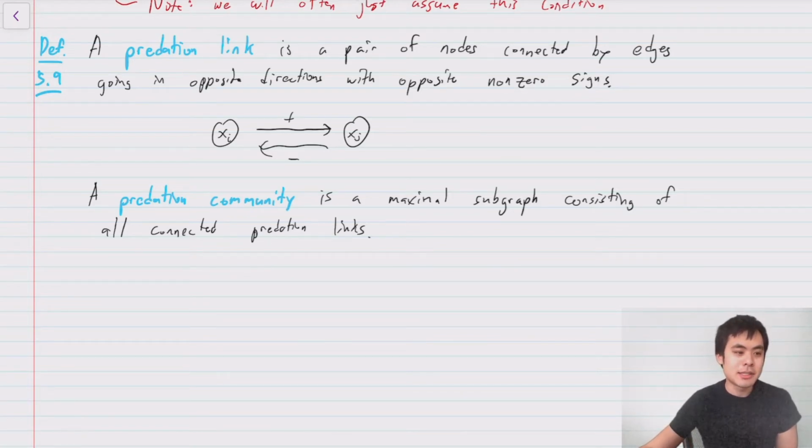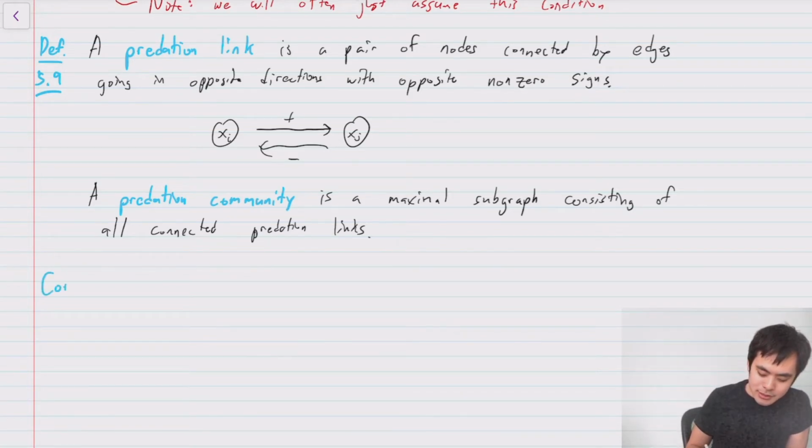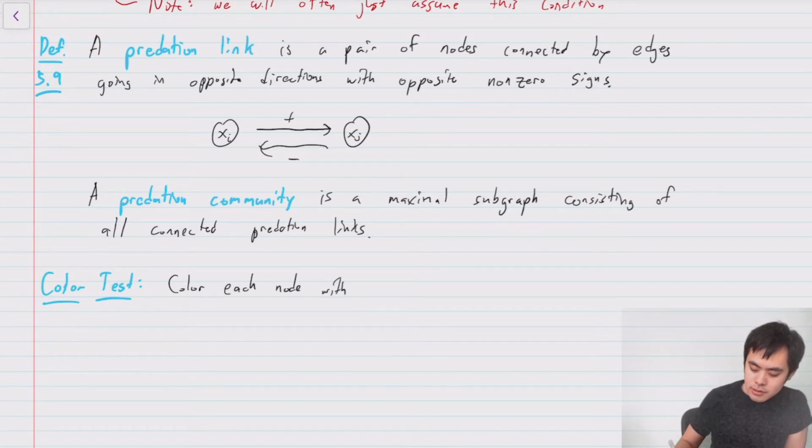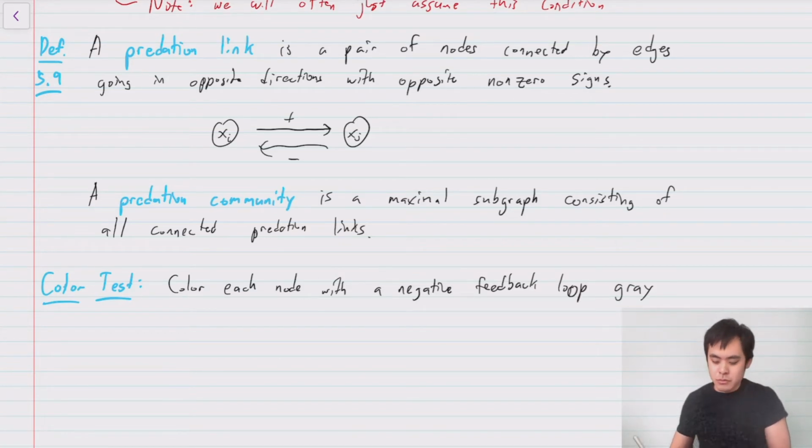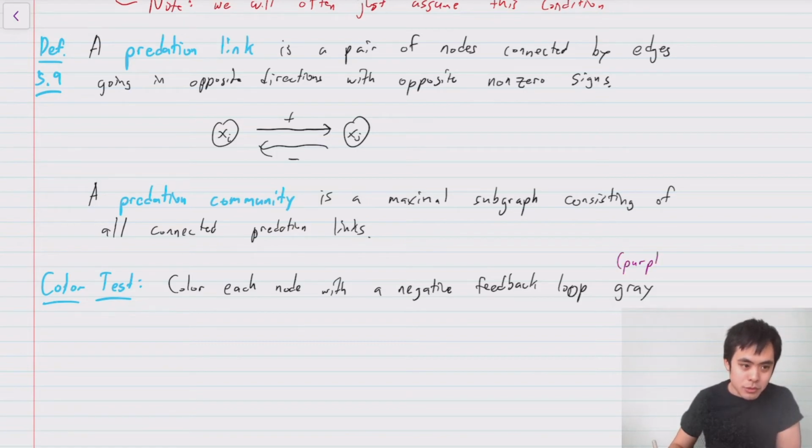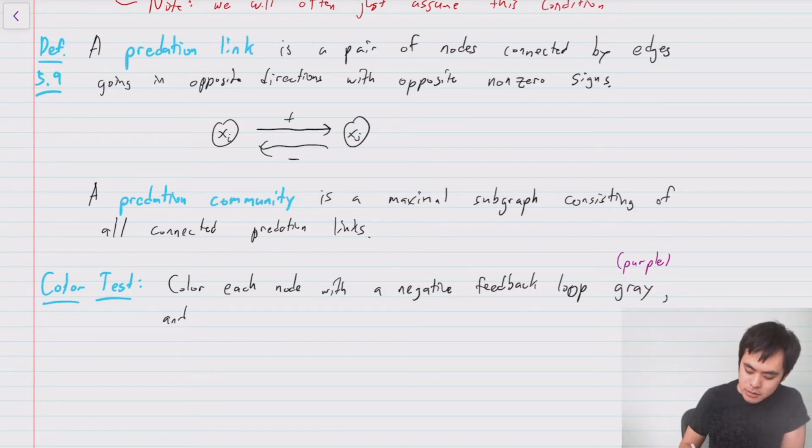And once we've defined this, then we can now define a color test. So we're going to color each node with a negative feedback loop gray, or purple. I'm going to use purple since it's a little bit easier for me to show purple than it is gray, but just some color, and all other nodes white.